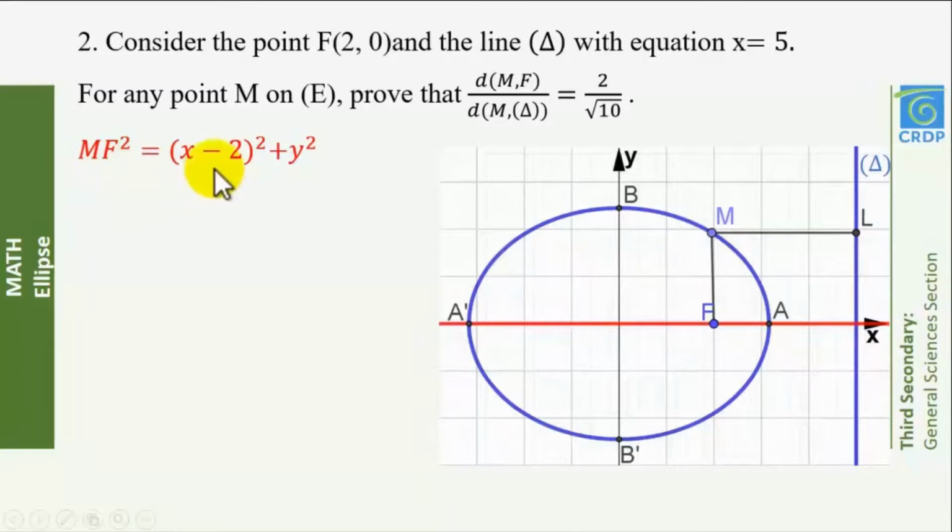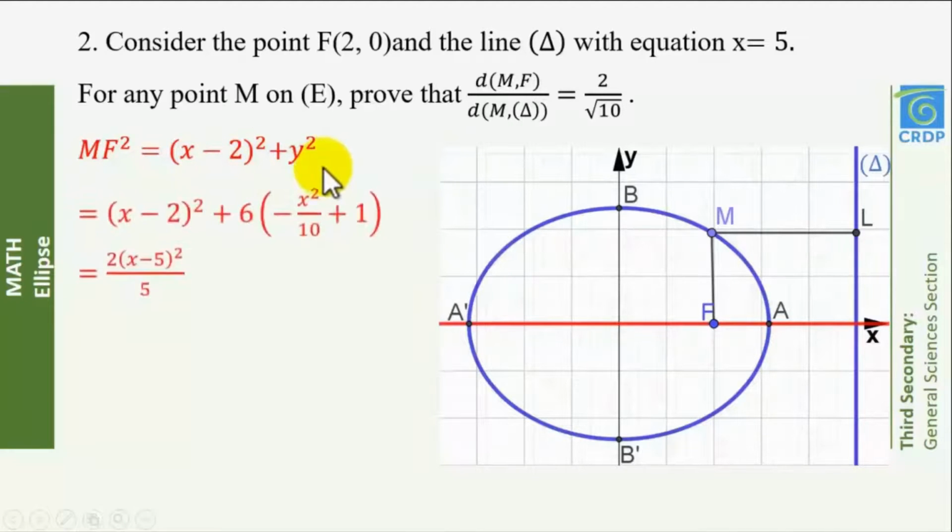We get MF squared equal (x minus 2) squared plus y squared. Since M(x, y) belongs to E, then its coordinates satisfy the equation of E. We substitute y squared by minus x squared over 10 plus 1. We get 2 over 5 into (x minus 5) squared.